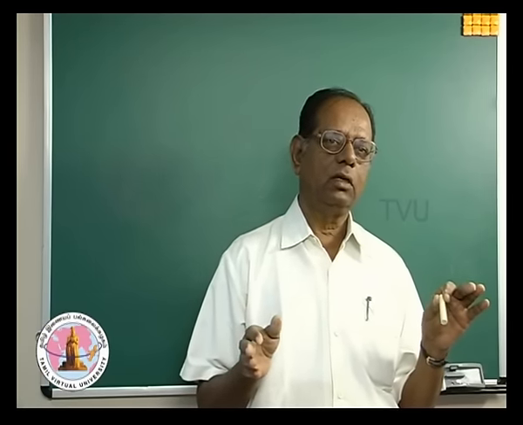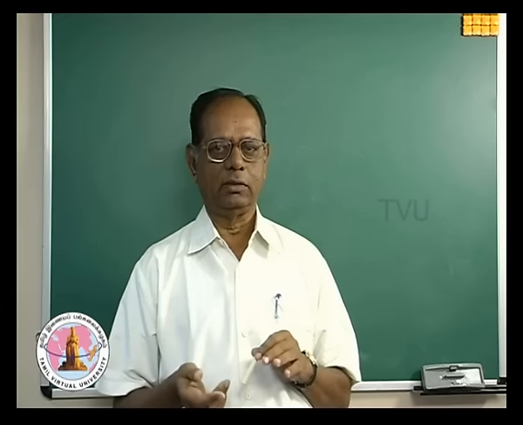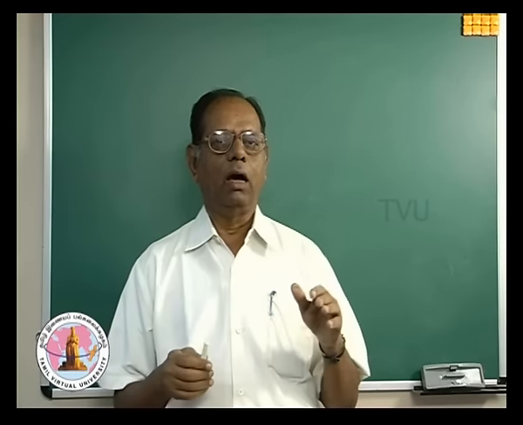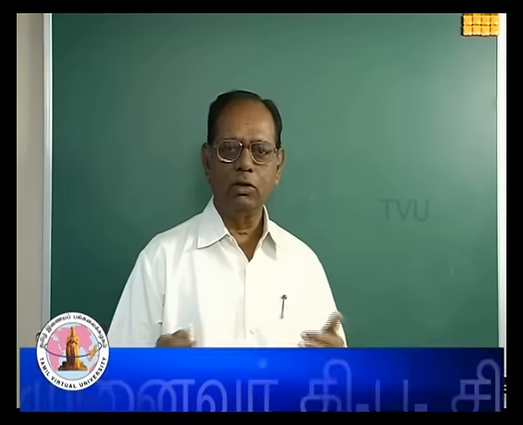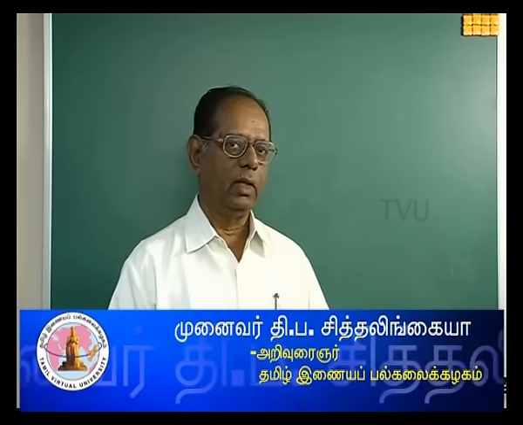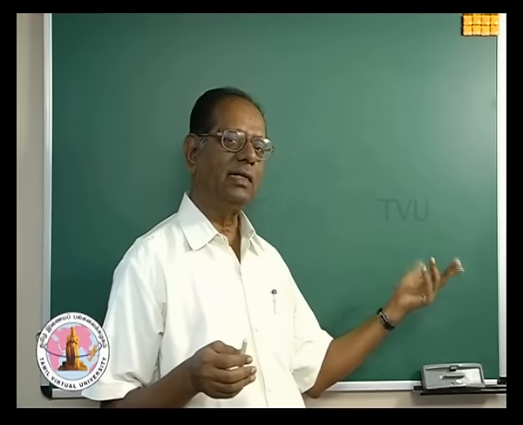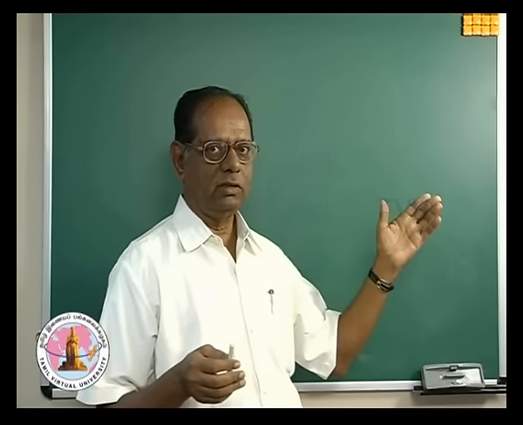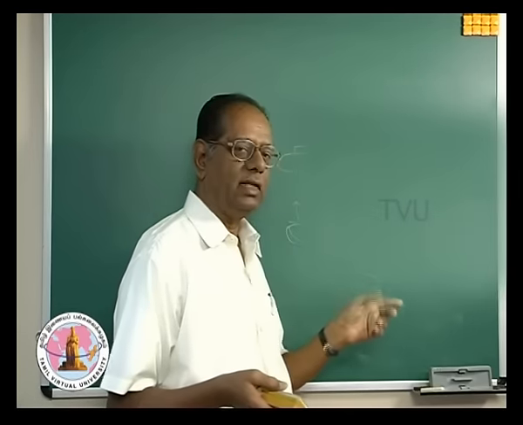One is vowel and the other is consonant. Vowel can be pronounced independently, and the consonant requires the support of a vowel. We have got 12 letters in the category of vowels. We have to take up the consonants. The rest in the next class.